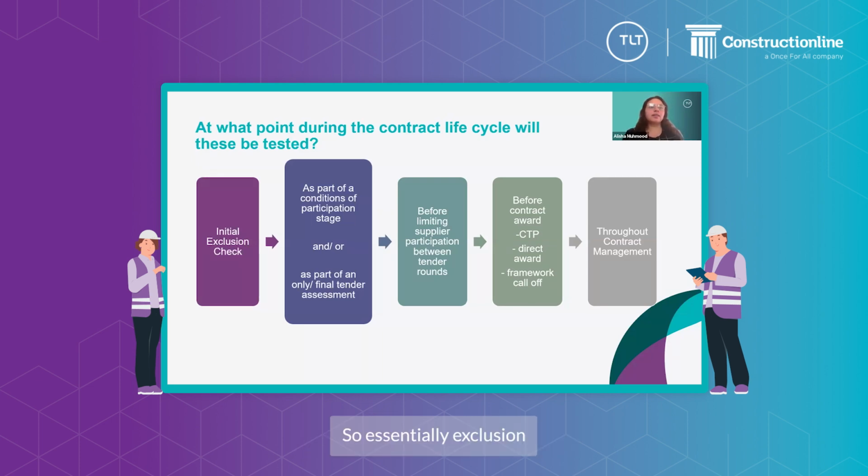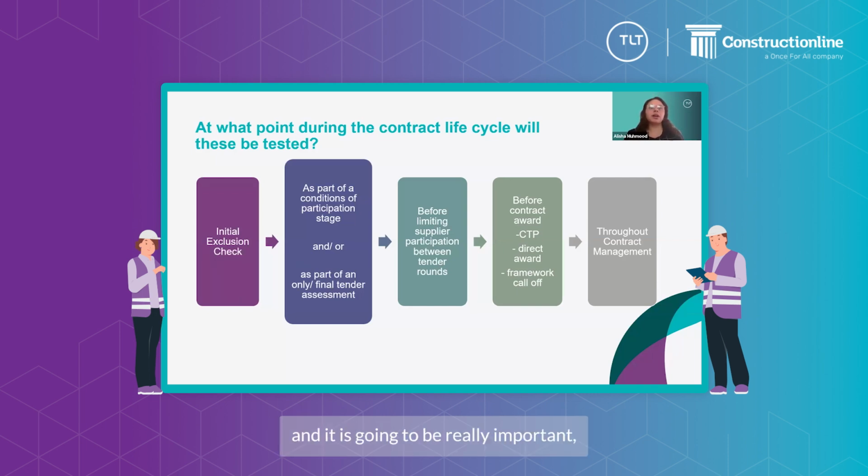So essentially, exclusion is the gateway that you need to get through in order to, in the case of an open procedure, have your tender assessed. In the case of a competitive flexible procedure, for you to be able to participate or progress in the procurement or have your tender assessed. And in the case of a direct award, be awarded a contract by the authority. So authorities will be looking at exclusions at various different points during this process.